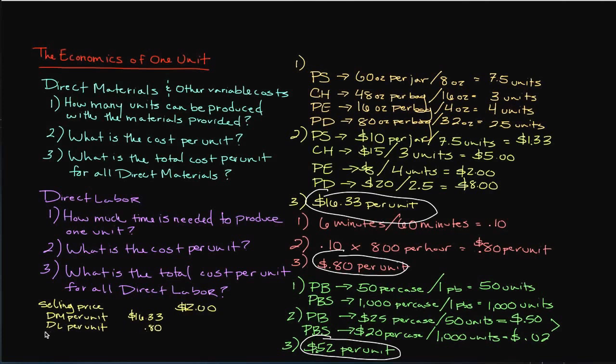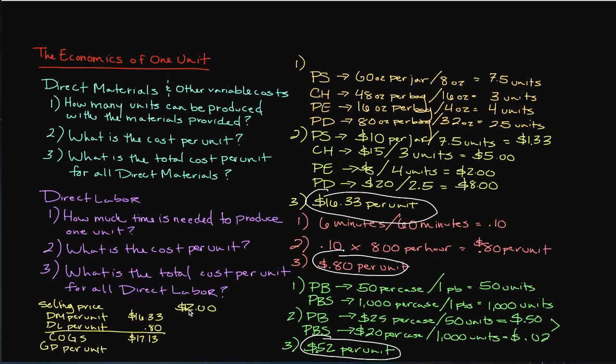And we're going to add these up here real quick. And we're going to call these cost of goods sold per unit, which I abbreviate as COGS. And that's going to get us $17.13. Now the remainder of that is going to be what we call gross profit per unit, which I'm going to abbreviate as GP per unit.